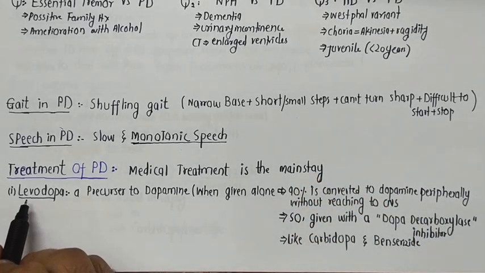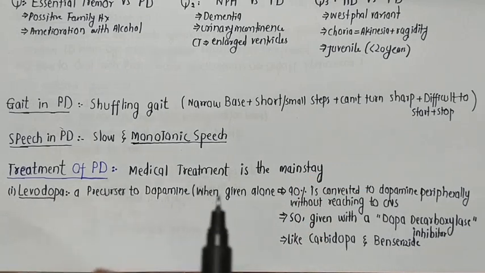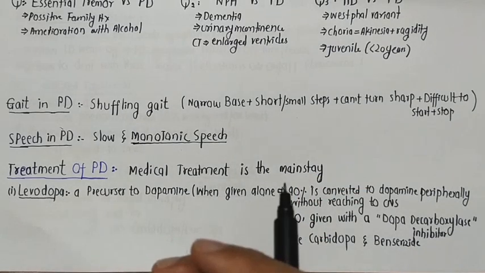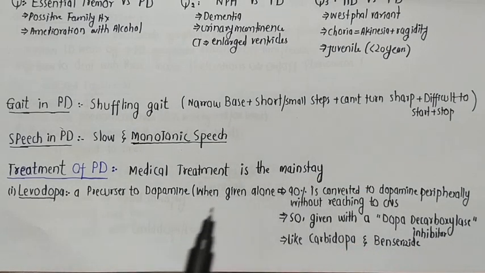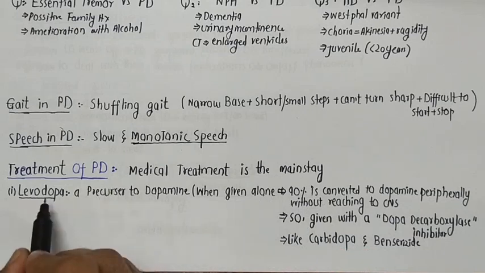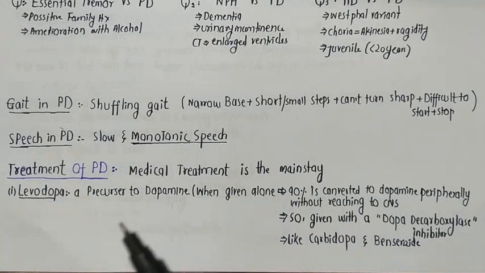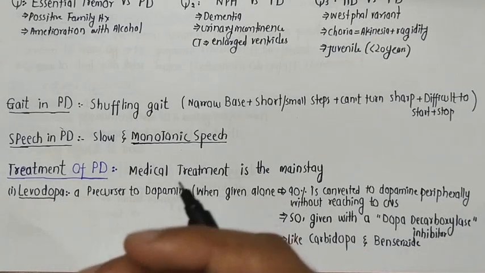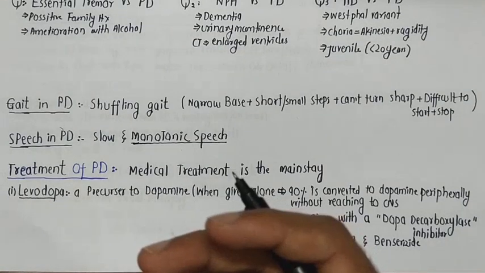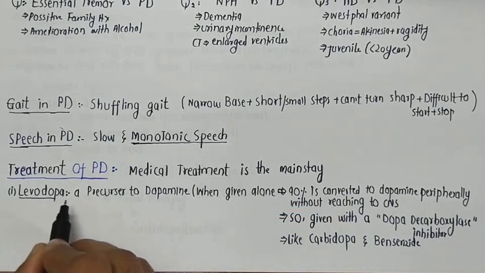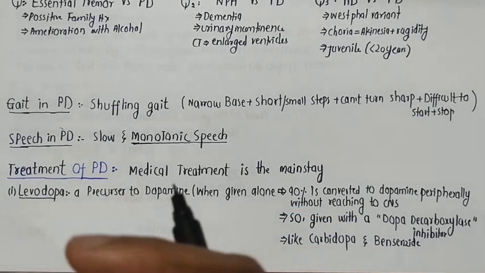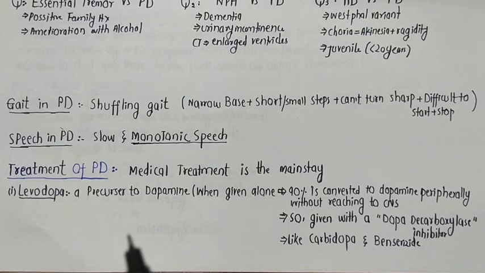Among these, Levodopa is the most effective treatment available for Parkinson disease. But unfortunately, none of these medicines are shown to change the course of the disease, to actually cure the disease. All these medicines we use are only for symptomatic treatment.